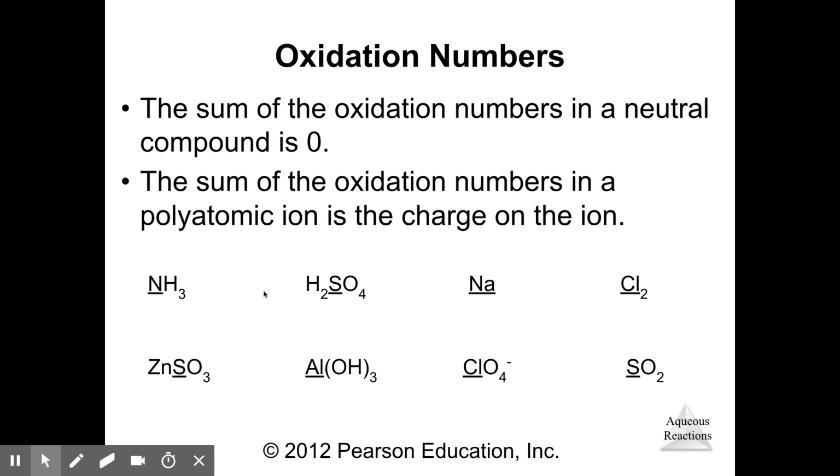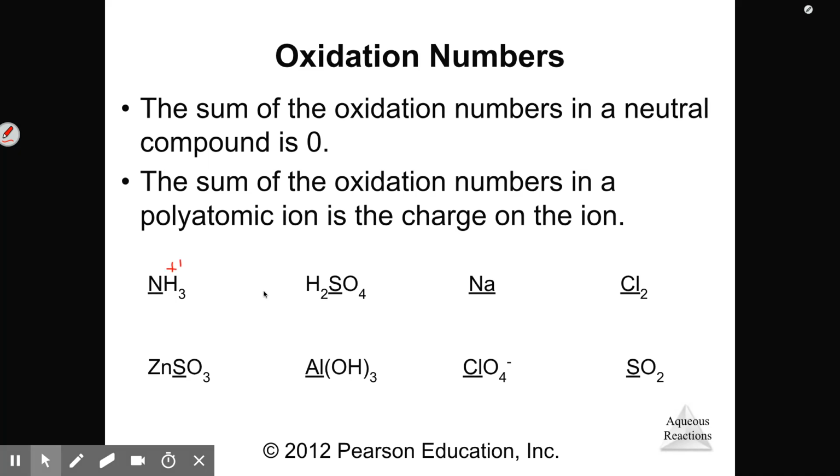So let's look at a couple of these. If we're looking at NH3, we have 3 hydrogen and 1 nitrogen. Hydrogen is one of our always rules. It's always going to be either +1 or -1. Since hydrogen is with a nonmetal in this one, it's going to be +1. So each hydrogen is +1.